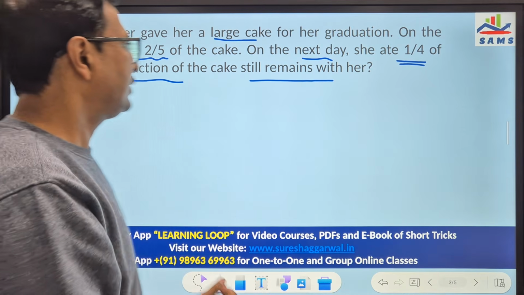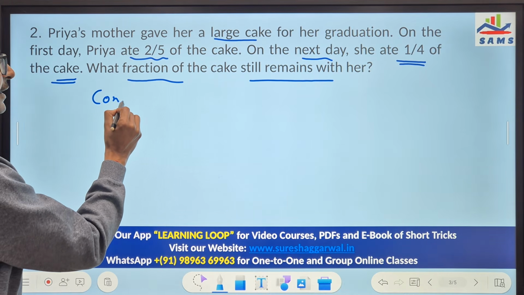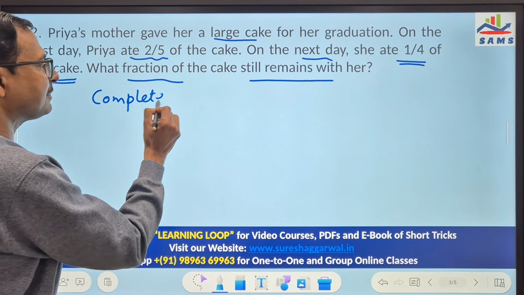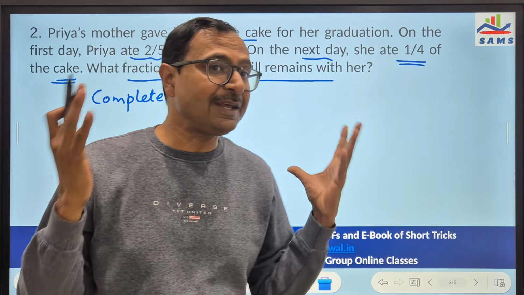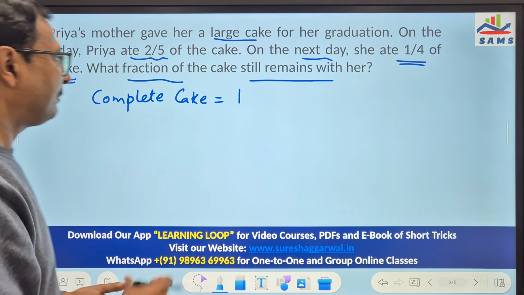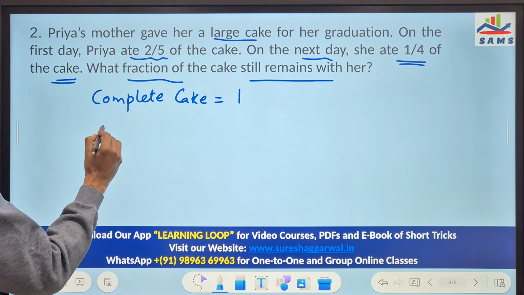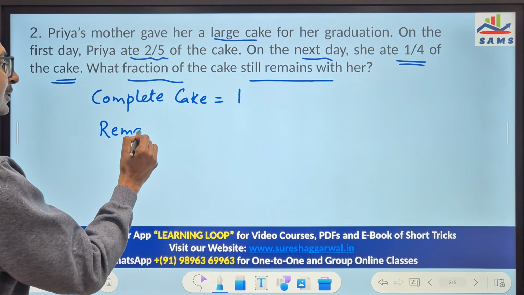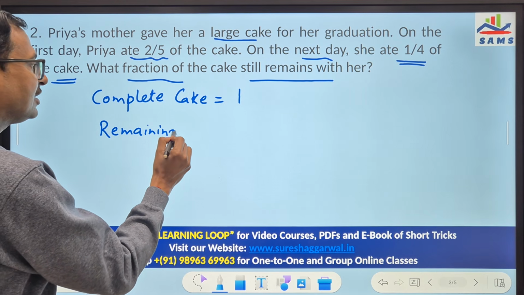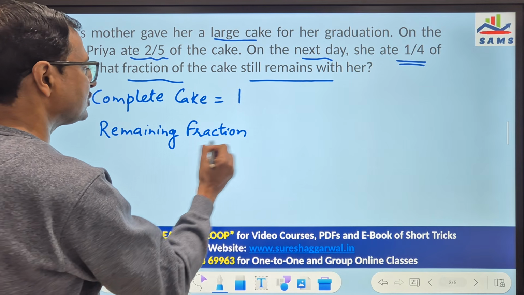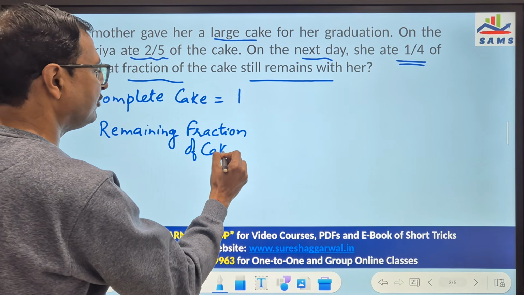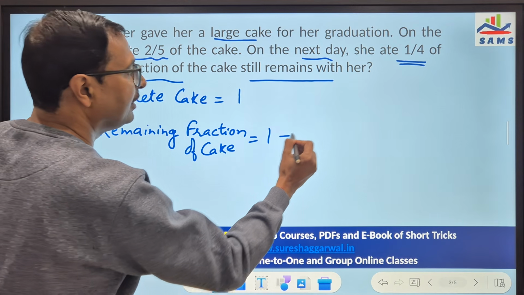Okay, so the complete cake is always represented by 1, because 1 out of 1, the complete thing, is remaining. So complete cake is 1, and for the remaining fraction of cake, we need to write the complete statement, which will start from 1.